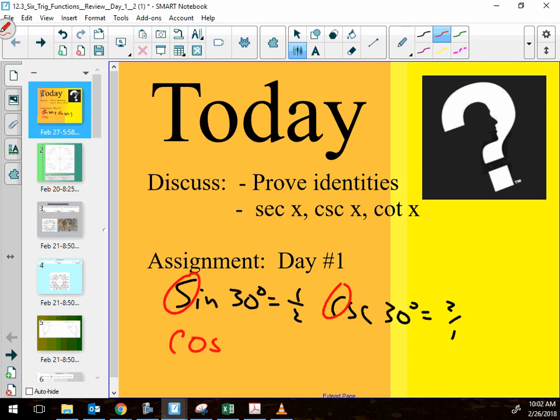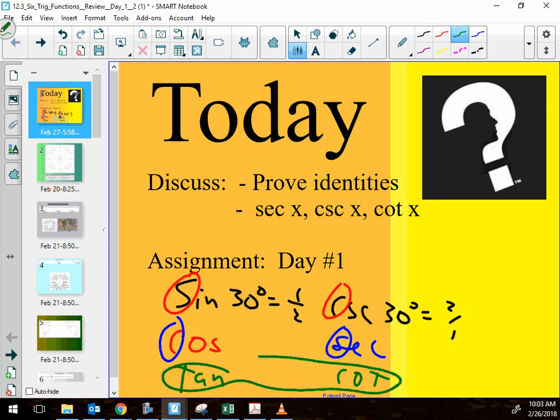And cosine went with secant. Notice C went with S. The C's and S things works pretty well as long as you can keep track of the last one, because there are 2 of the new functions that have a C in them. The last one is tangent goes with cotangent, and therefore I think those 2 kind of feel like they should go together, tangent and cotangent. The others are S's going with C's and C's going with S's.